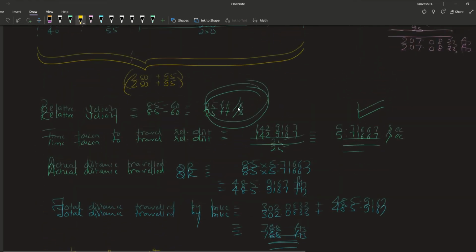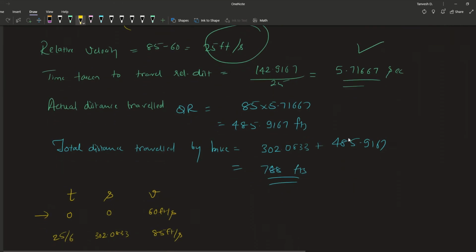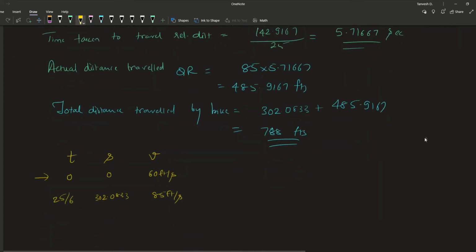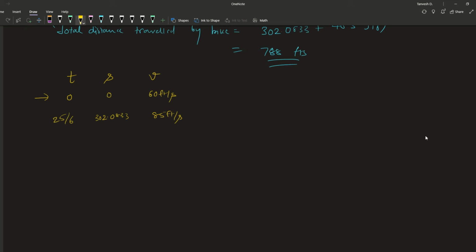And at the third point R, further time taken is actually 5.71667. So the total time taken is 25 by 6 plus 5.7167.